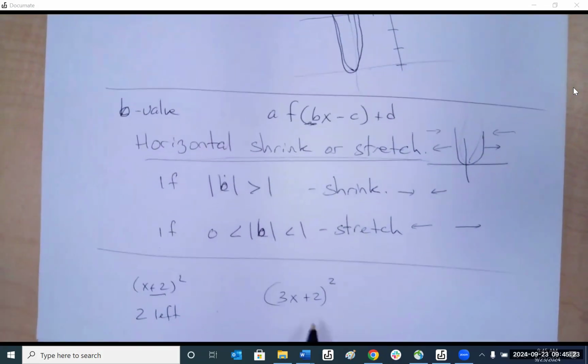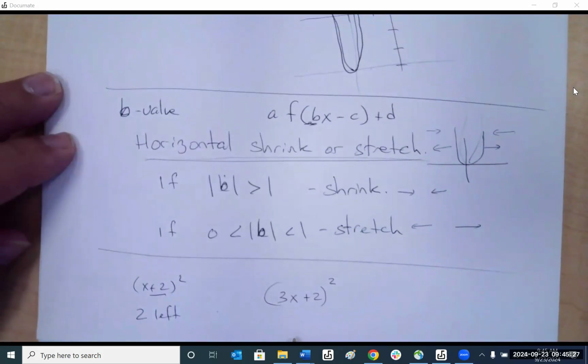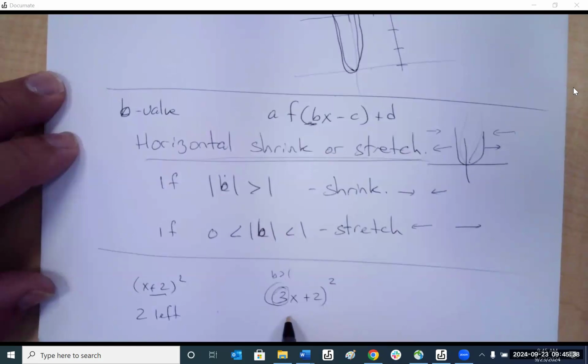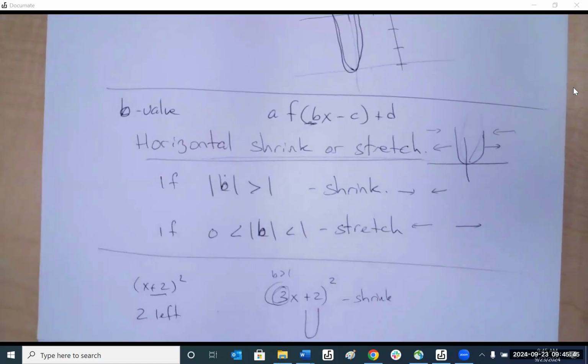What's going to happen with this function? Because our b value is greater than 1, our graph is going to shrink. Meaning it's going to look like this. The sides have been pushed in 3 times faster.